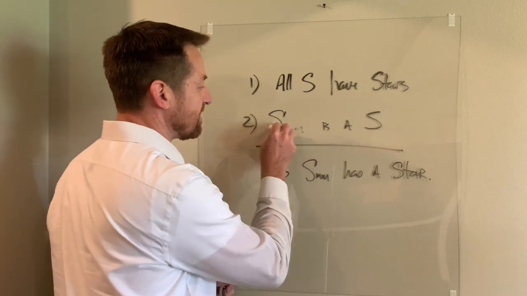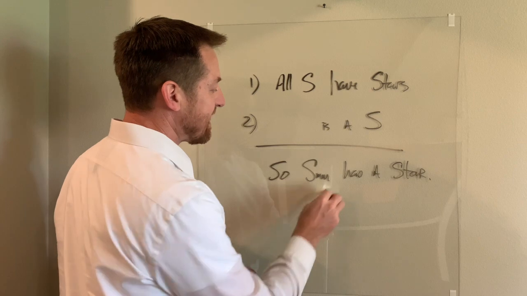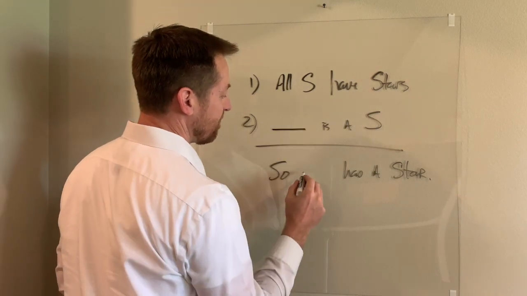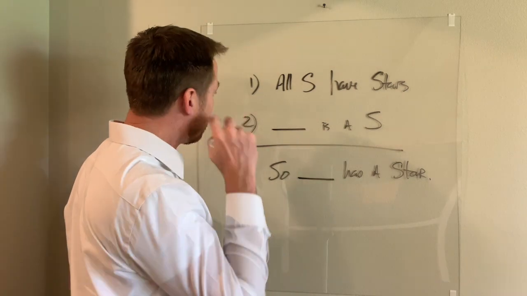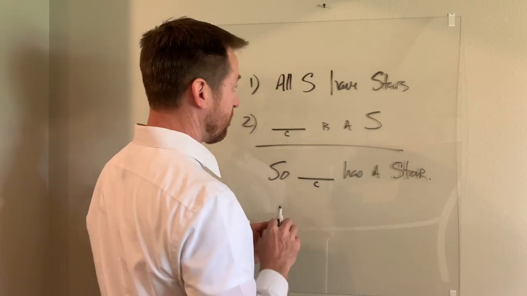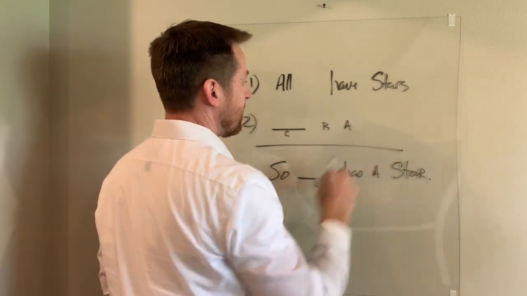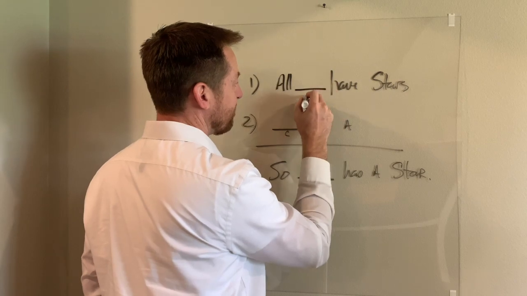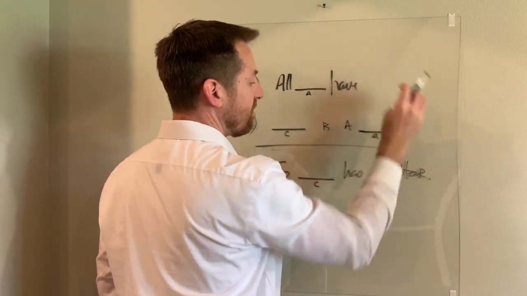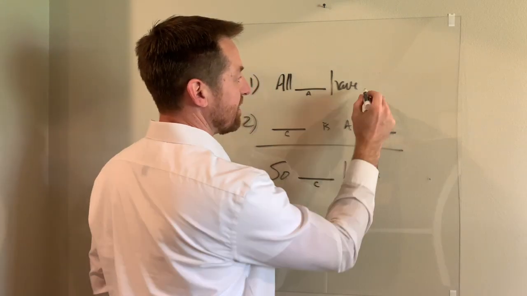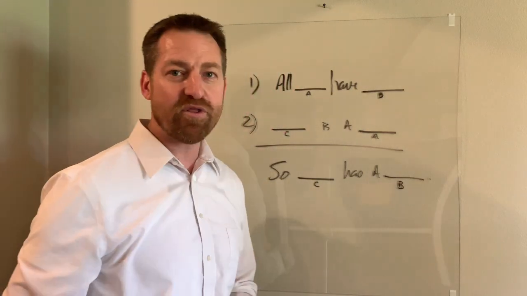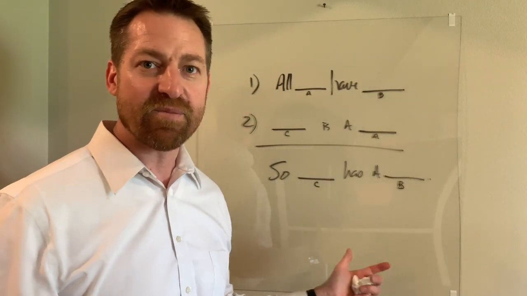And what we can do to establish the argument's form is just take out the content. So I'm going to take out every time we saw Sylvester McMonkey McBean, and I'm just going to put a blank there. Let's call that the letter C. Let's take out everywhere where Sneetch appears, and we'll put a blank there and just refer to that as letter A. And we'll take out everywhere where the word star appears and just make that a letter B. Now we've removed all the meaningful content from this argument.